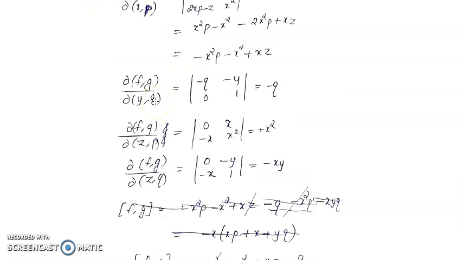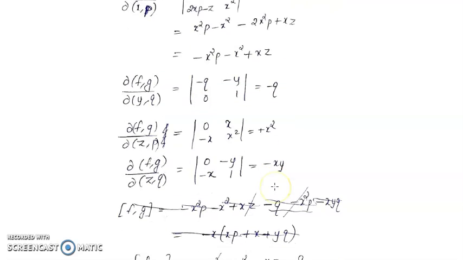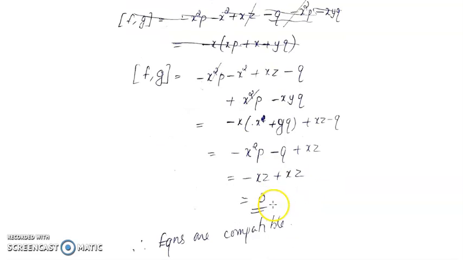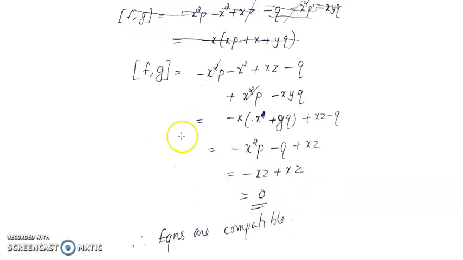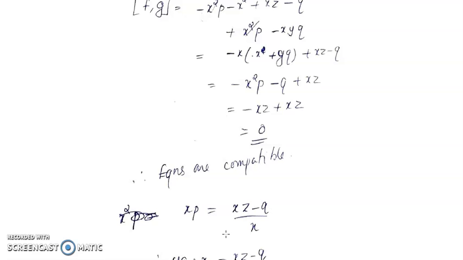Now that will be equal to the sum of these terms. So minus x square p minus x square plus xz, then minus q, then p times x square, q times minus xy. So on simplifying, that will be equal to 0. So therefore box fg is 0. So therefore the equations are compatible.